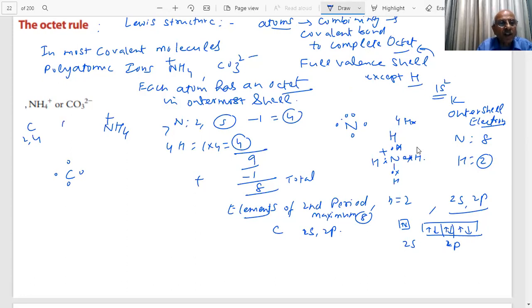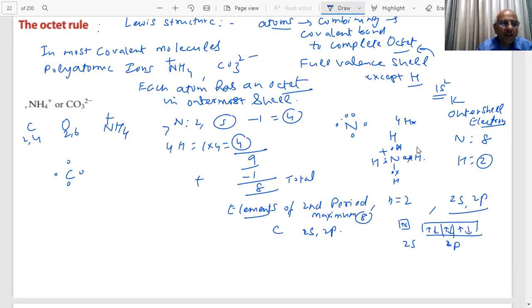Oxygen, what is oxygen? 2, 6. Oxygen can take two electrons. Carbon can only take one electron. What is the result of such an ion, student? We will show you very soon the Lewis structures for this, how we make it.